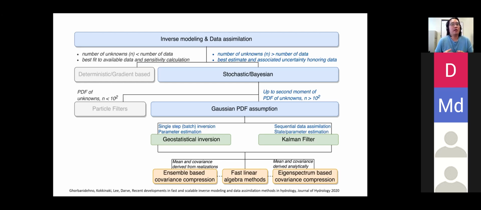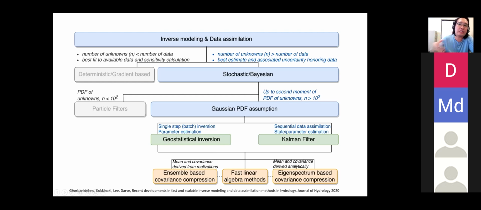Otherwise, we have to assume a Gaussian prior because it accelerates the problem. In practice, we now usually have a lot of observations. If you have more observations, more information, your prior becomes closer to a Gaussian prior, so that assumption may be valid for your application. Once you have that, if you want batch data inversion, you can solve the inverse problem.